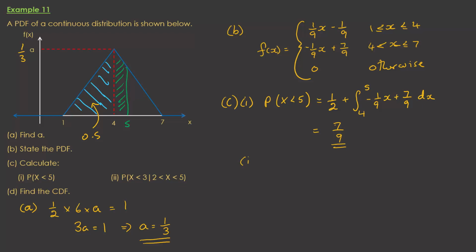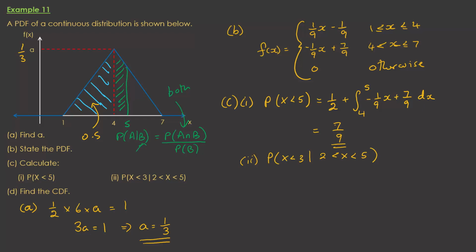Now the next part of the question is a conditional probability. We want the probability that x is less than 3, given that x is between 2 and 5. Now remember, the probability of A given B is equal to the probability of A and B divided by the probability of B. So that's both conditions here at the top, and on the bottom just the second condition being met.